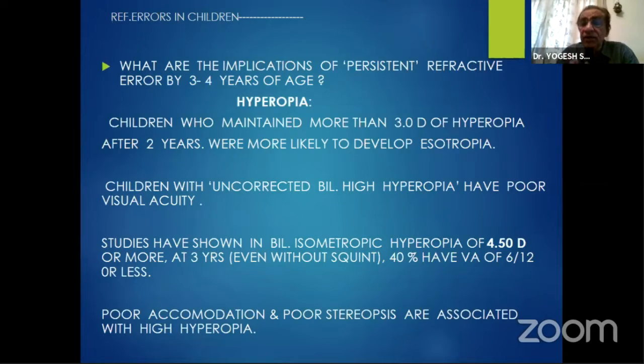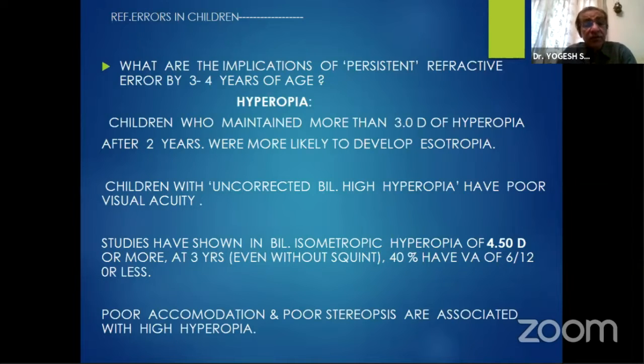What is the PEDIG study? It's a gross multi-centric study done by the American Association for Pediatric Ophthalmology and Strabismus, and they have formulated some guidelines. So these are all those studies, and we have concerns about that.